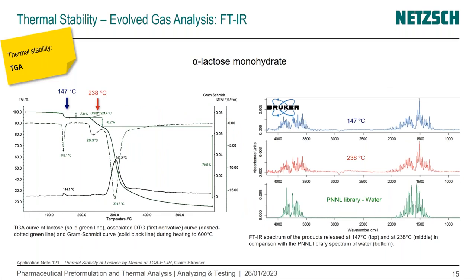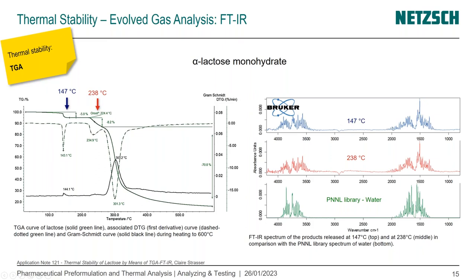The software has a library that comes with the software, but we can also create our own library. So in this case, I'm showing you 2 different spectra, one here at approximately 150, and another at 238 or 240.